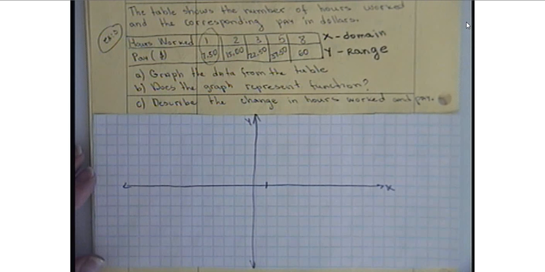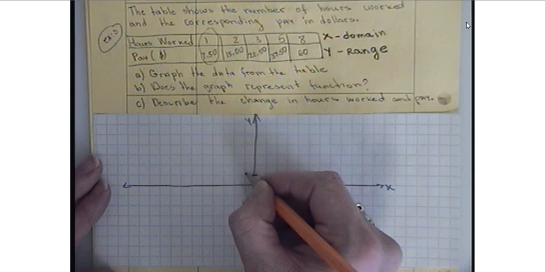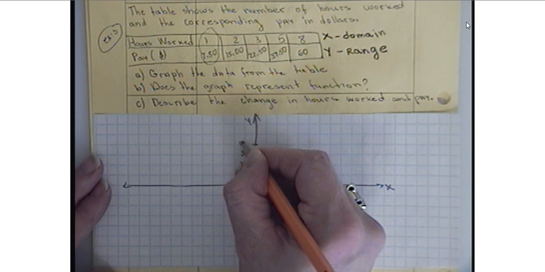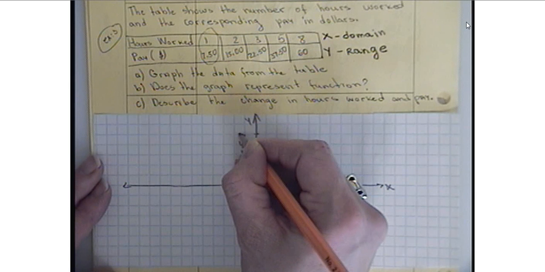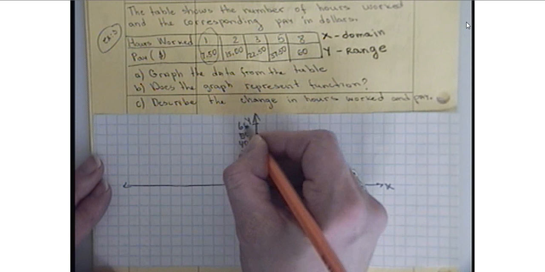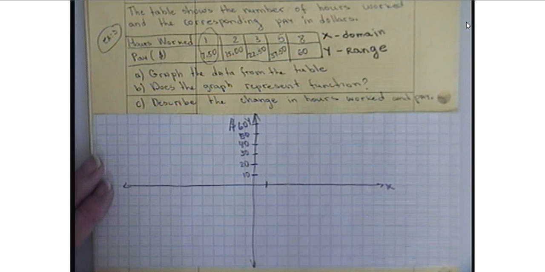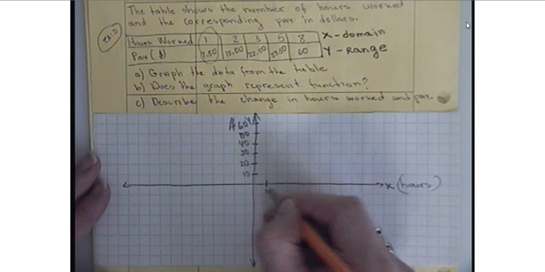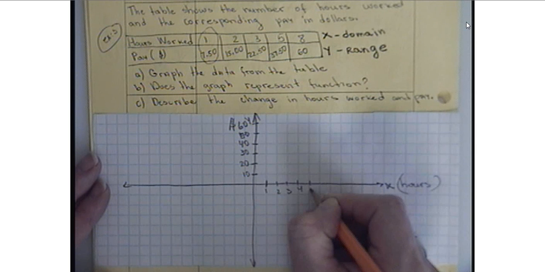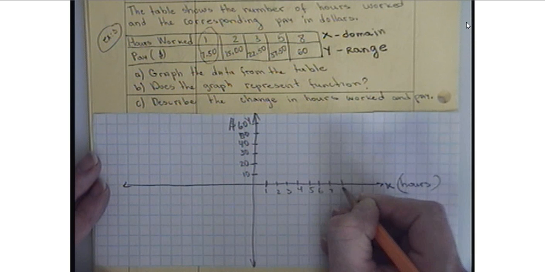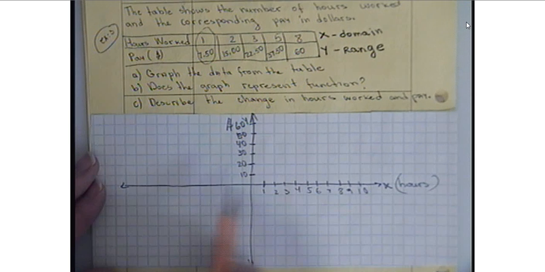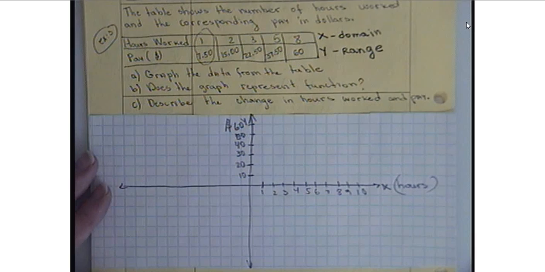So for Y range, I will count this as $10, $20, $30, $40, $50, and $60. So those will be the money and this will be hours here. So the hours could be 1, 2, 3, 4, 5, 6, 7, 8, 9. I will just put 10 hours total. Okay, so this is my hours. This is my dollar amount or the pay that we're going to receive.